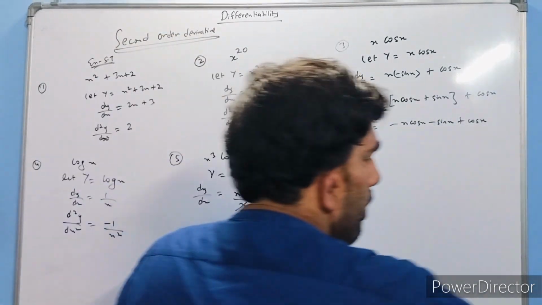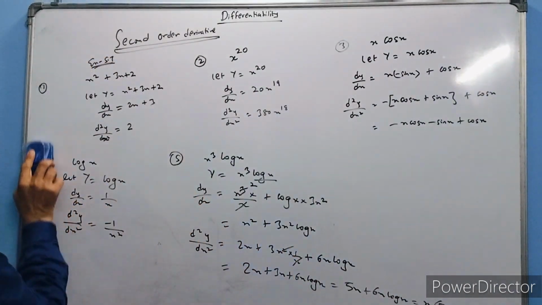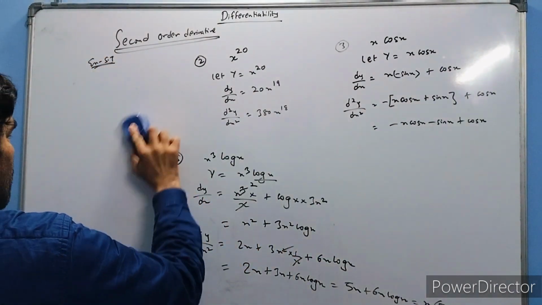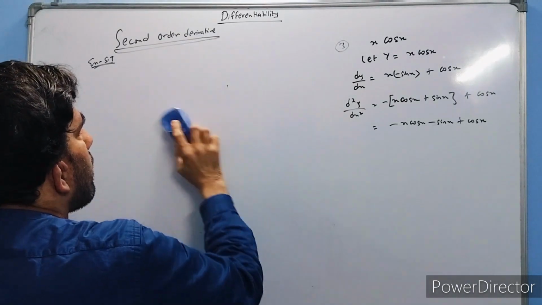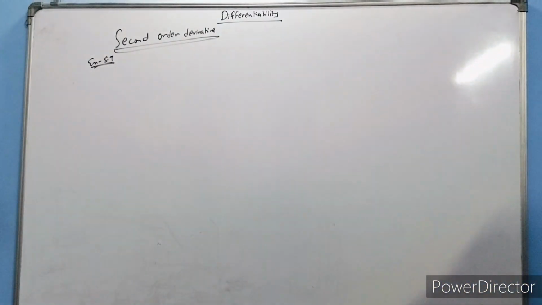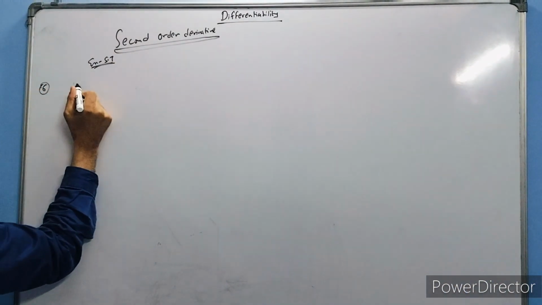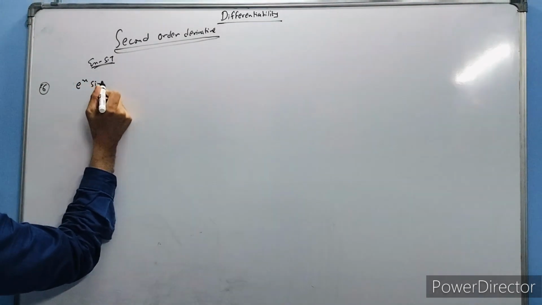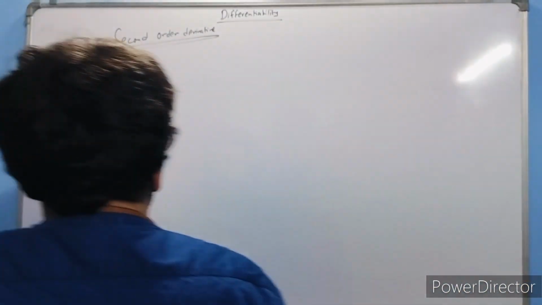Now let us try to solve more questions. We have solved till the fifth. Now let us move on to the sixth question. The question is e raised to the power x sin 5x. Let's take this function as y.